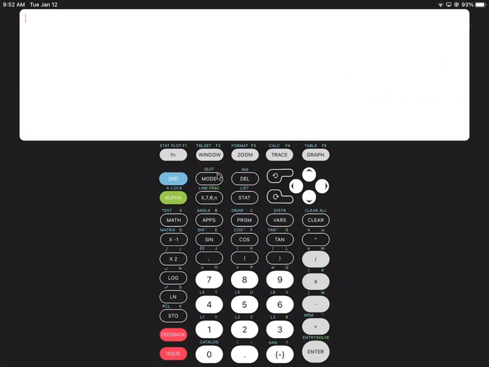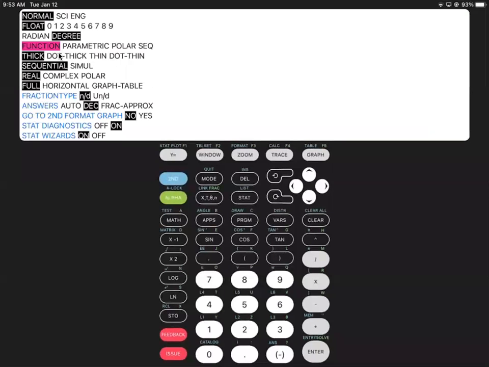So you want to click this mode button right here next to second, and it will pull up this screen. You want to arrow down. Yours, if it hasn't been reset, will look like this.